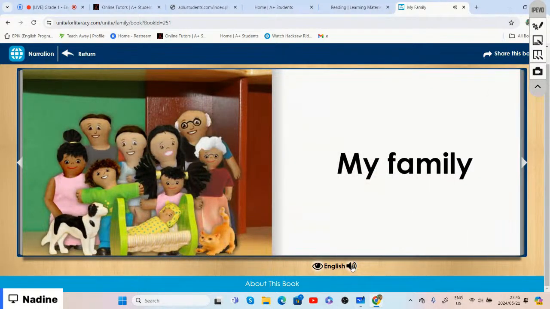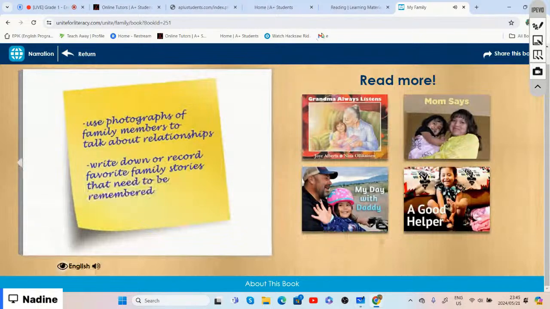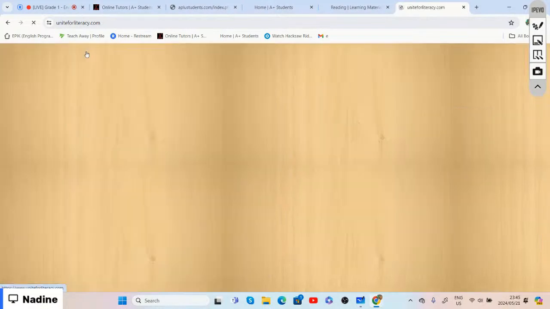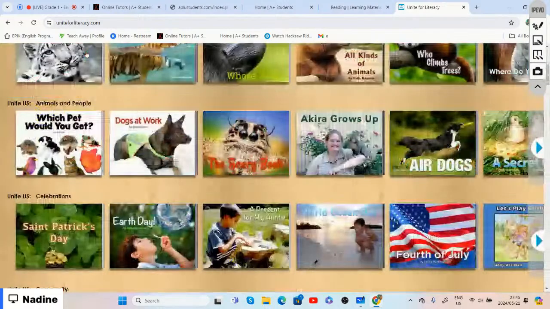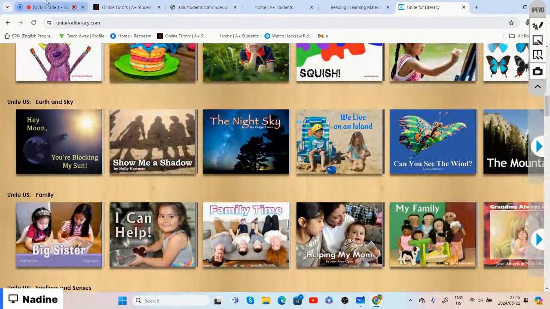My family. All right. And remember, your family doesn't just consist of immediate family, it can even be your pets as well as extended family. All right, so that is the end of our lesson on context clues.